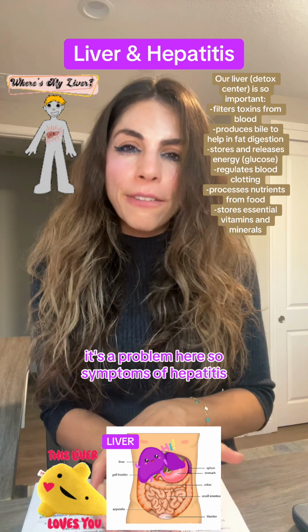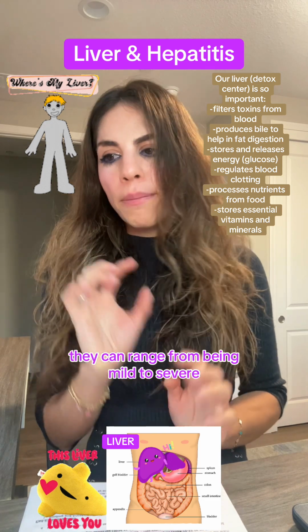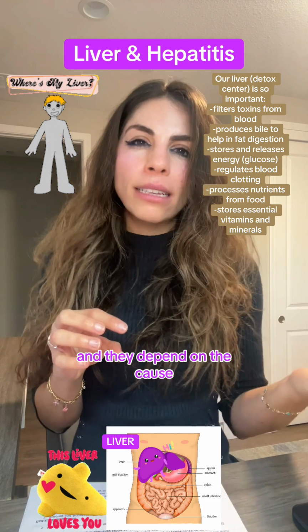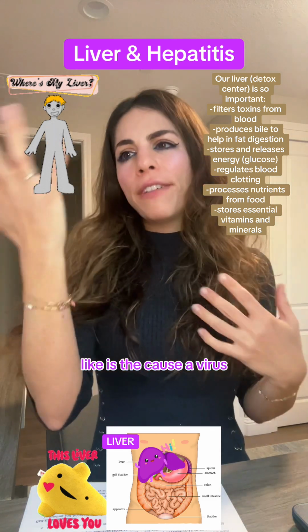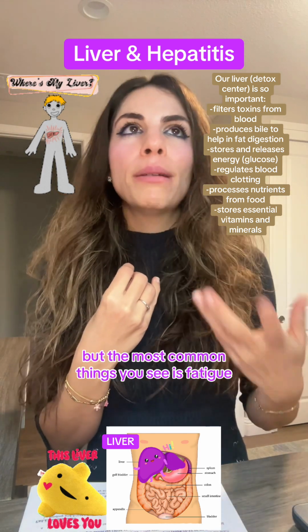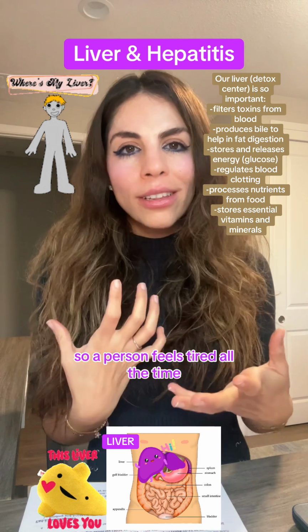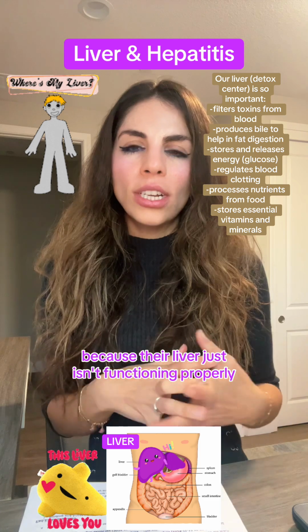The symptoms of hepatitis can range from mild to severe, and they depend on the cause. Is the cause a virus, or is the cause too much Tylenol or alcohol or other things? But the most common thing you see is fatigue. A person feels tired all the time because their liver just isn't functioning properly.